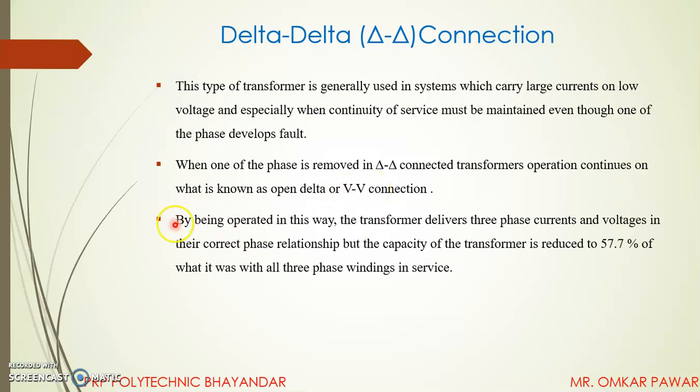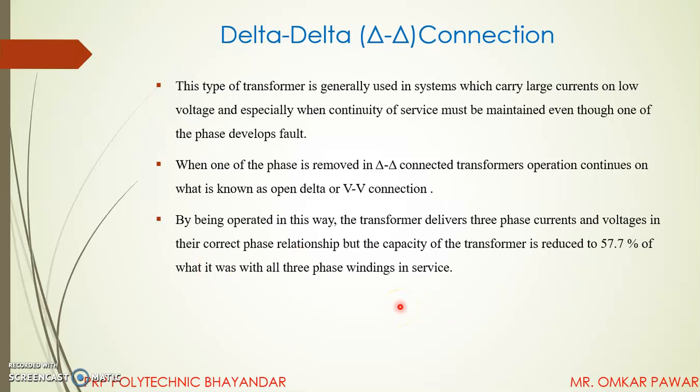By being operated in this way, the transformer delivers three-phase current and voltages in their correct phase relationship, but the power handling capacity of the transformer is reduced, that is, 57.7% of what it was with all three phases in service.